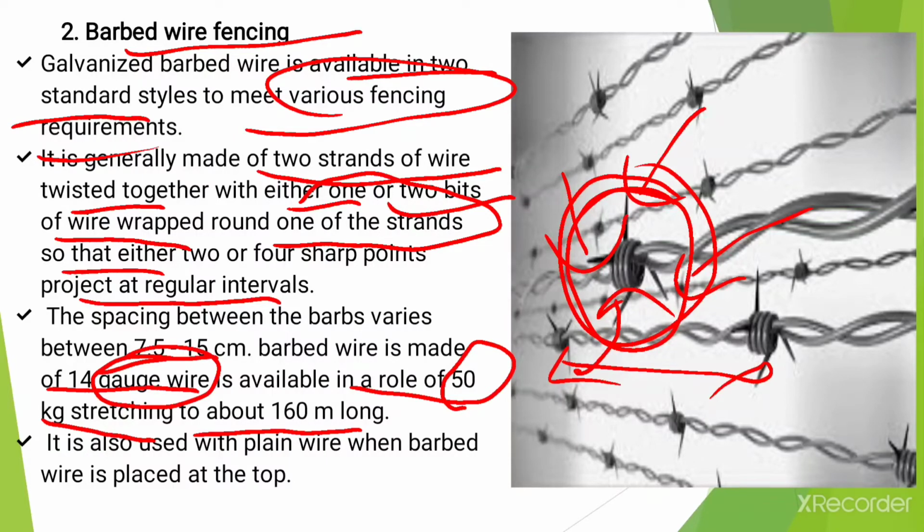It is also used with plain wire when barbed wire is placed at the top. Sometimes a combination of plain wire and barbed wire is used while preparing the fencing for a particular area.